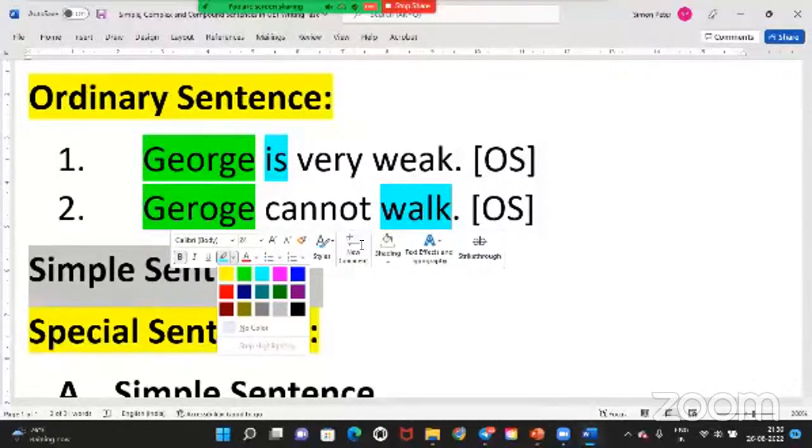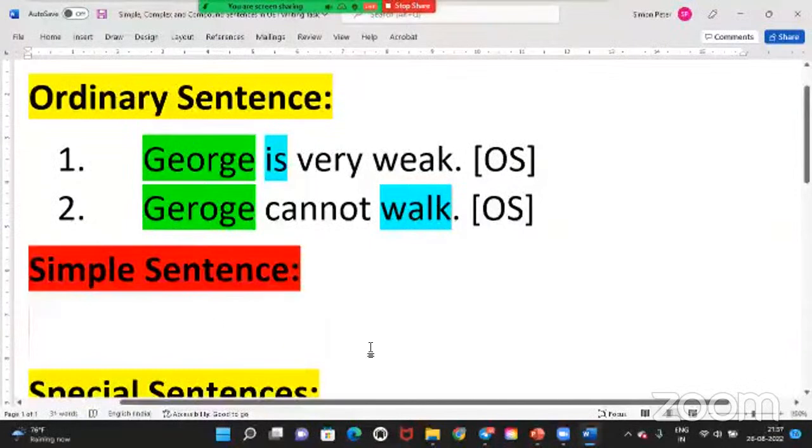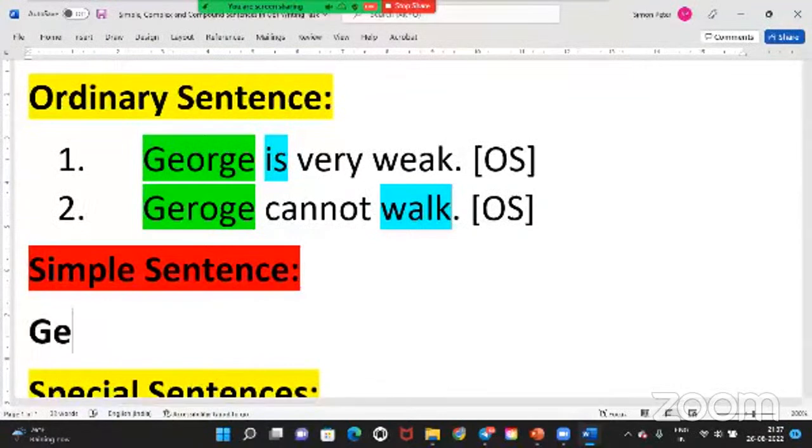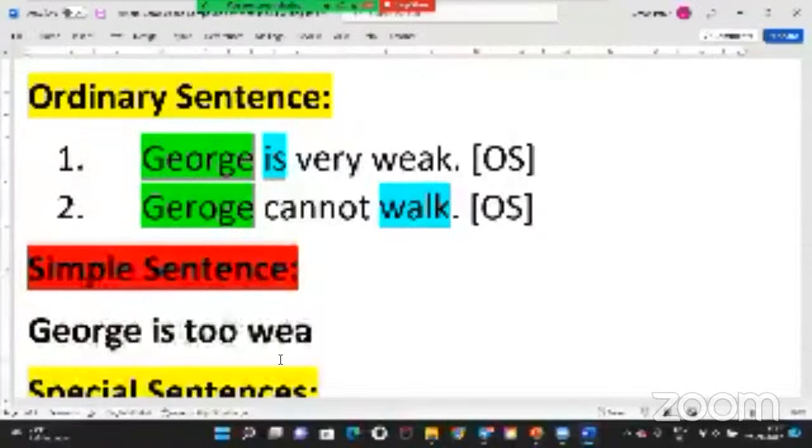So, here you can write like this: George is too weak to walk. George is too weak to walk.